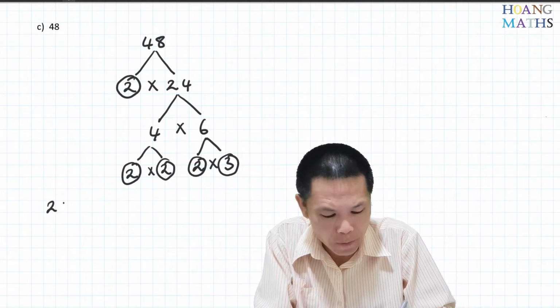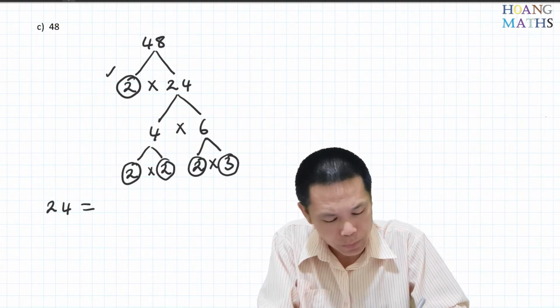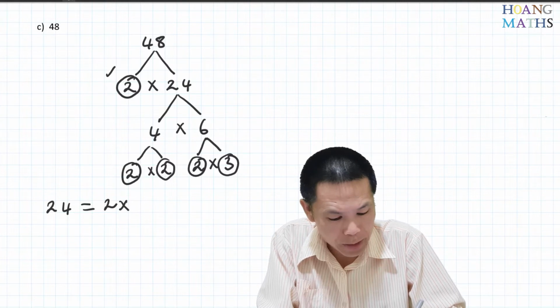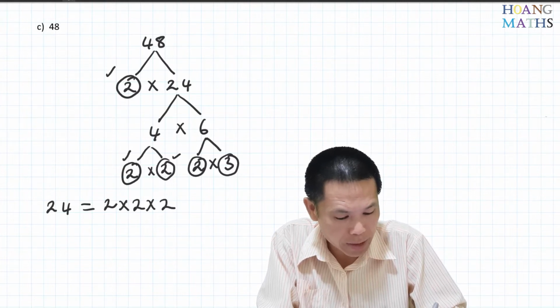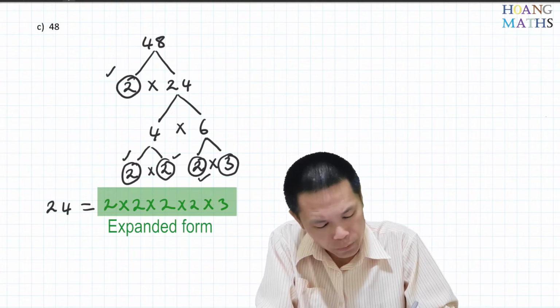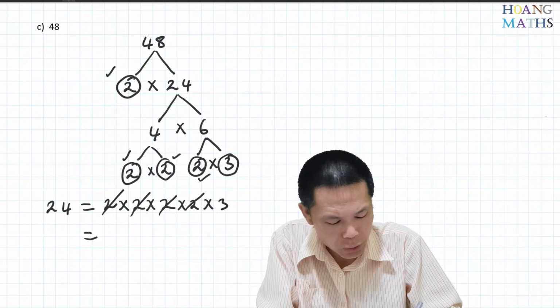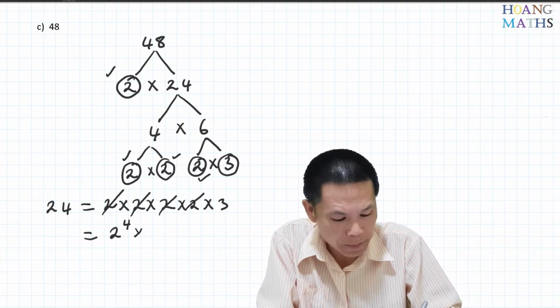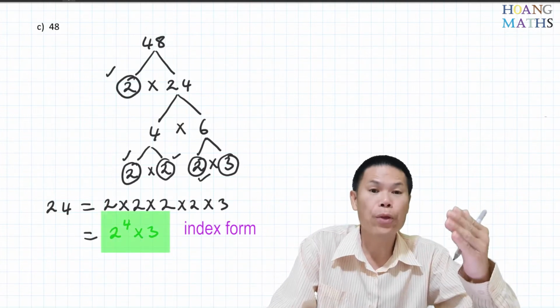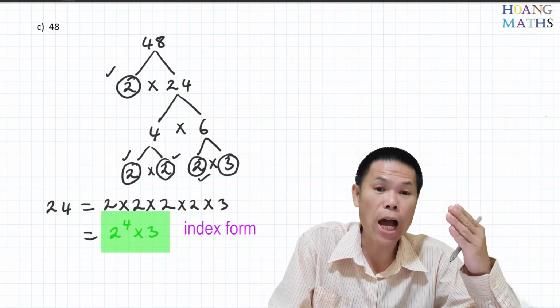So 48 is equal to these 2 times these 2 times these 2 and times these 2, and times 3. So therefore, that is 1, 2, 3, 4: 2 to the power of 4 times 3. So there you go, 48 is equal to 2 to the power of 4 times 3.